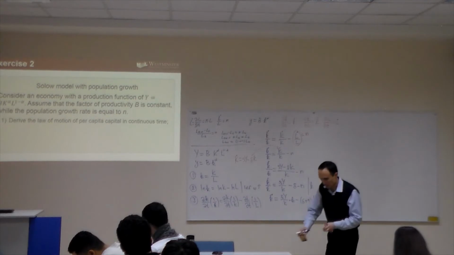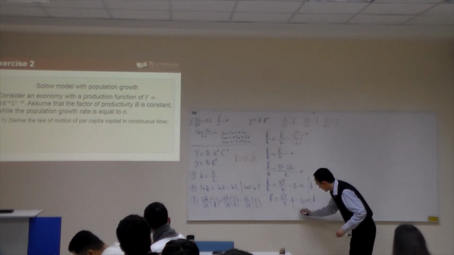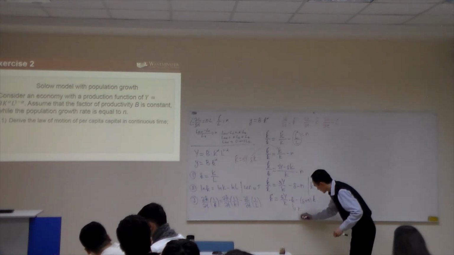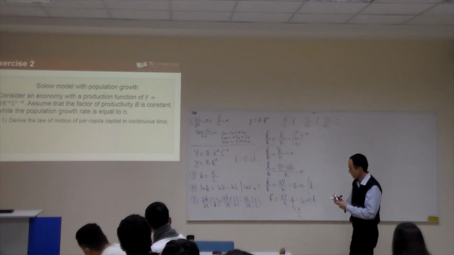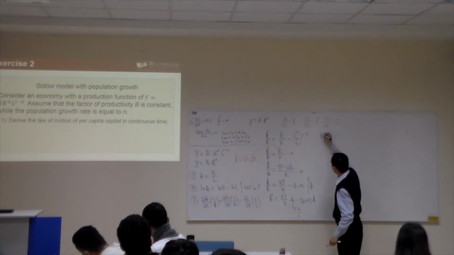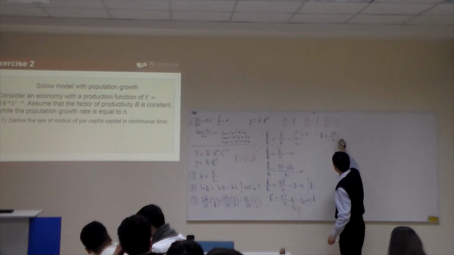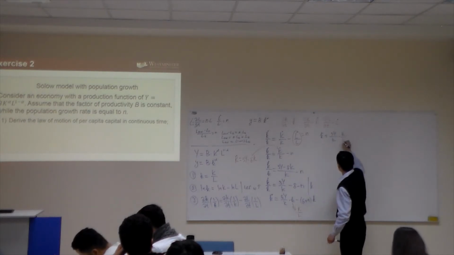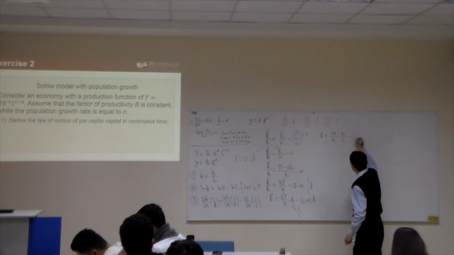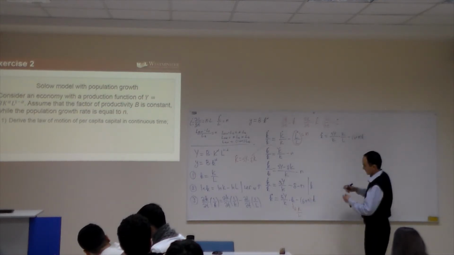After this point, what we did, we plugged the value of what our per capita capital is equal to, right? Capital stock over labor. So once we did it, then you get change in per capita capital is equal to investment over capital stock times capital over labor minus depreciation plus N times per capita capital.